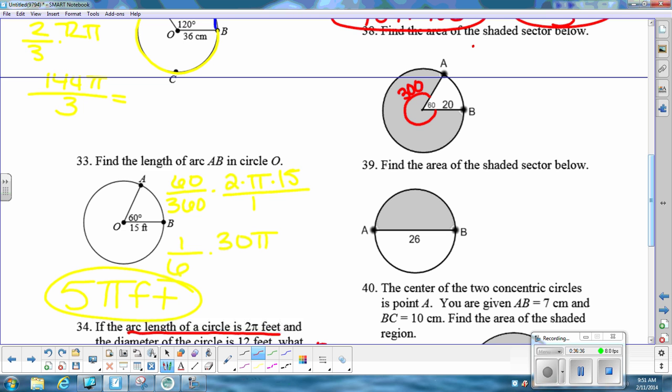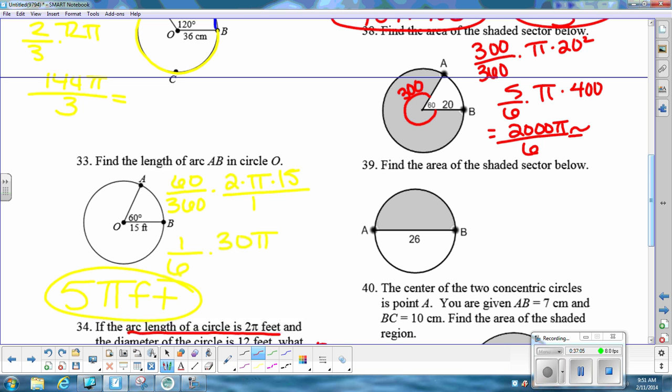So we have 300 divided by 360 times pi times 20 squared. 300 divided by 360 as a fraction is 5/6 times pi times 400. 400 times 5, so this is 2,000 pi over 6, which simplifies to 1,000 pi over 3.